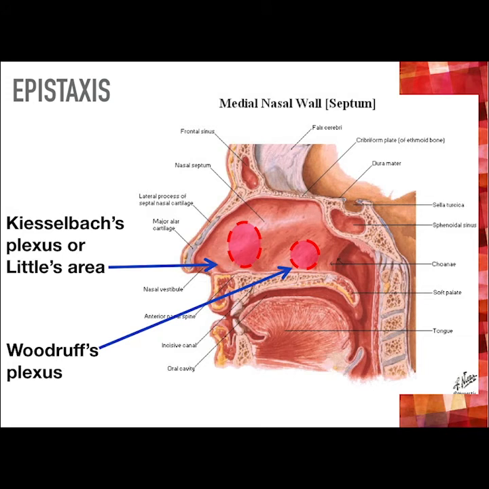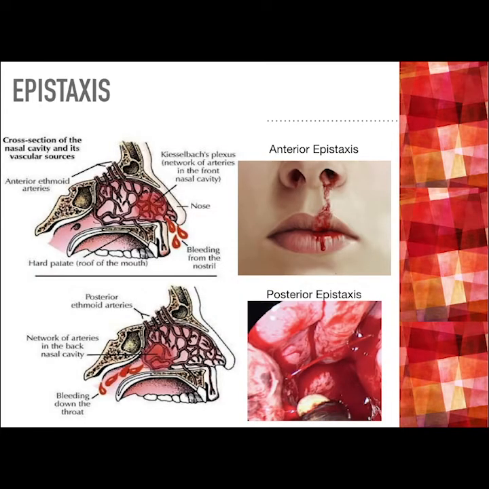This illustration shows the area where the Kesselbach and the Woodruff's plexuses are located. Clinically, anterior epistaxis is nose bleeding coming out of the nostril, while posterior epistaxis is the bleeding from the nasal cavity going down to the throat.